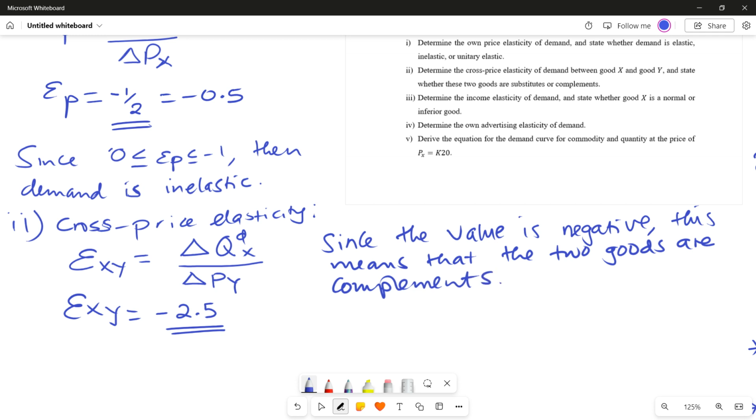Why? It's because an increase in the price of Y will actually have a negative impact on demand for X. So this then means that the two goods are complements.